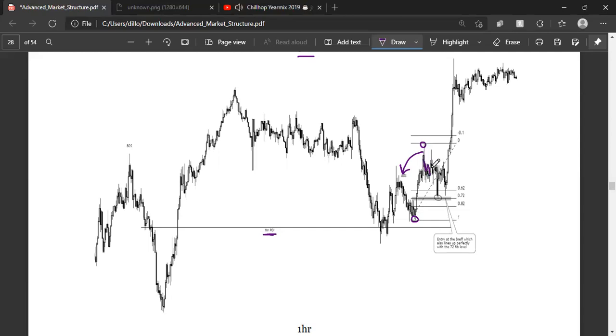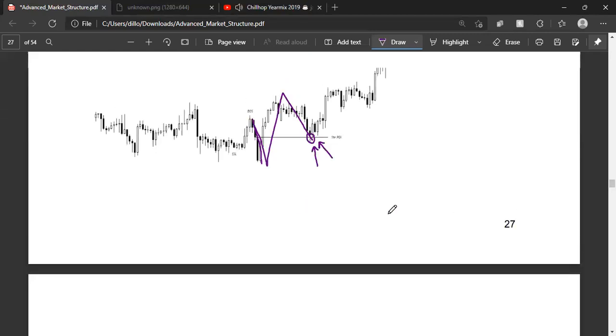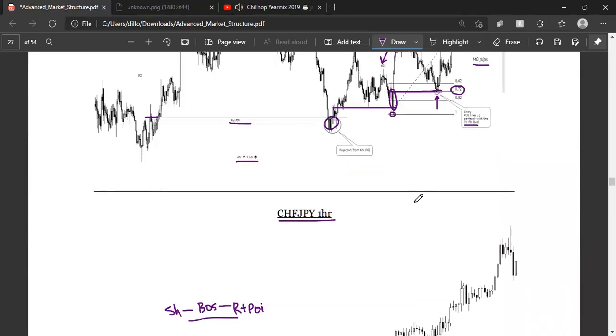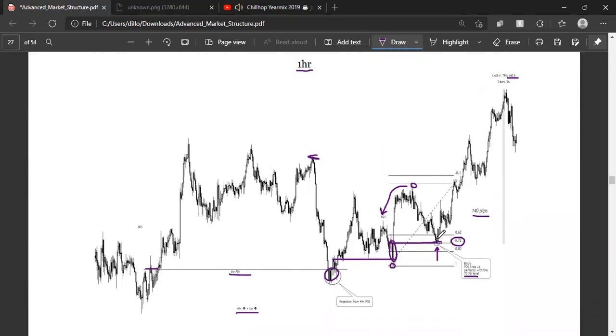So this is lining up, right? And price retraces back into a point of interest. And this entry, this inefficiency here, lined up perfectly with the 72 fib again, just like that example up here, right? Just kind of crazy.